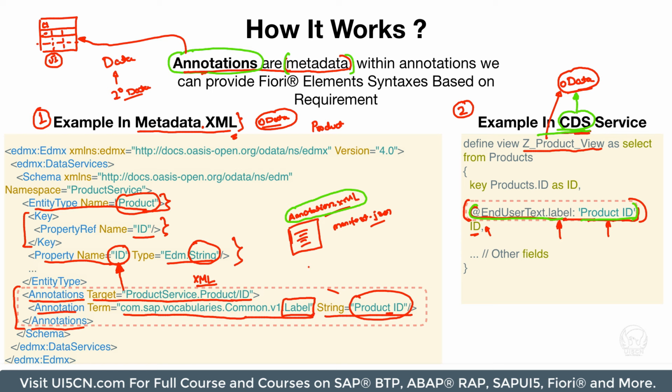So I can use this label text, which is the product ID, within my application UI and just show it here. Similar to this product ID, I can pass other labels as well. For example, if I have product ID, I can have the name and so on. These are sample annotations, and this information will be used by the UI, and it will give the column headers the names which are provided within the annotation.